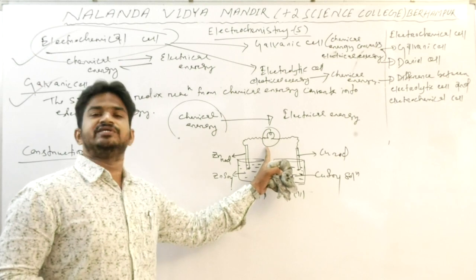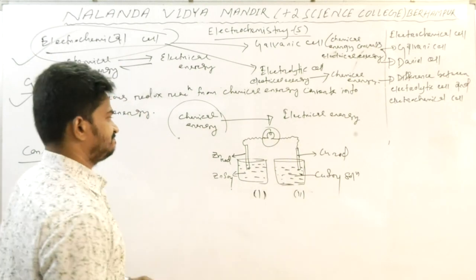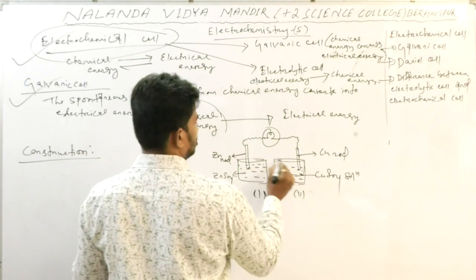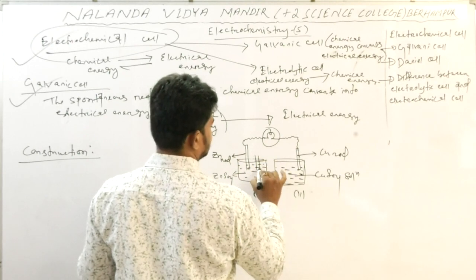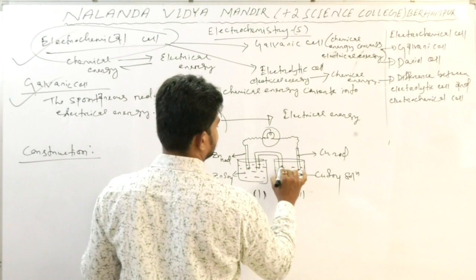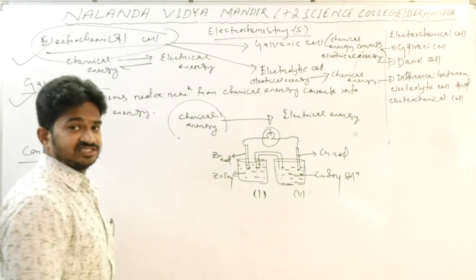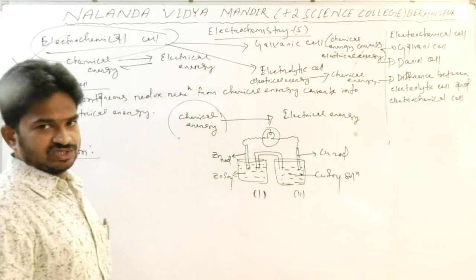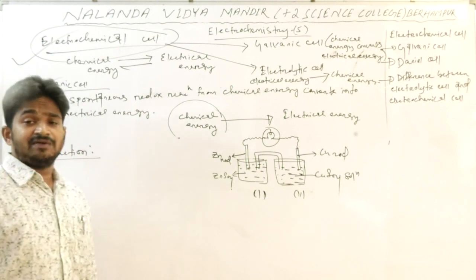Here a salt bridge is used. That salt bridge is double bent at 90 degrees and is connected to both the cells. So this is the construction.